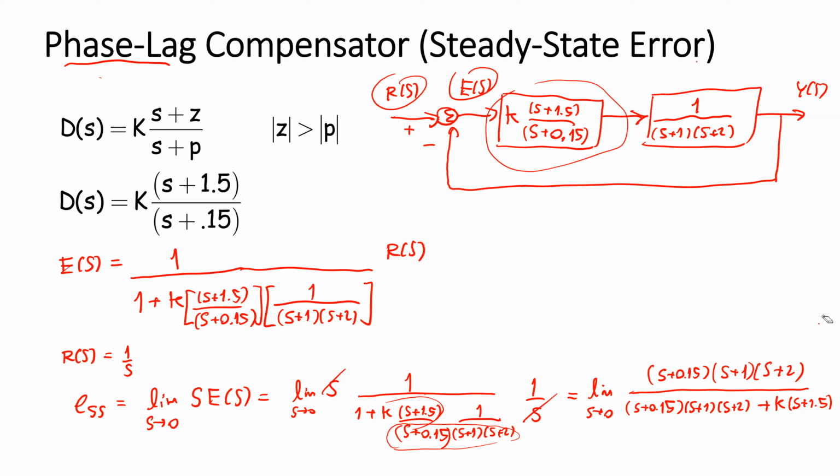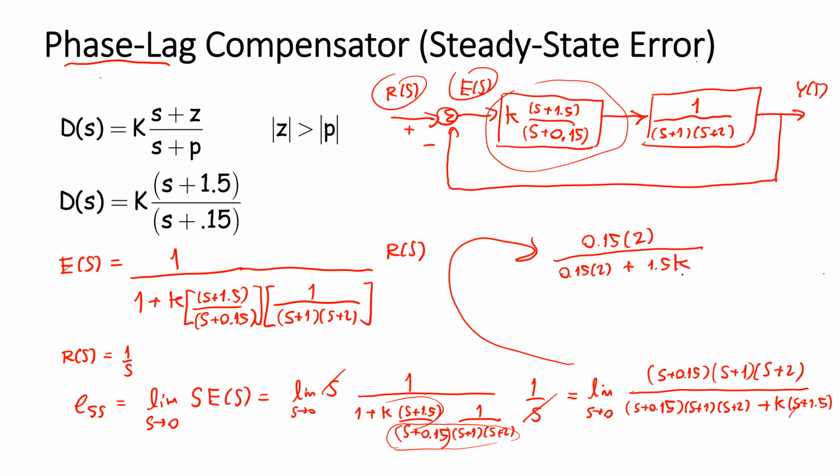When s equals 0, we have 0.15 multiplied by 2 divided by 0.15 multiplied by 2 plus 1.5k.